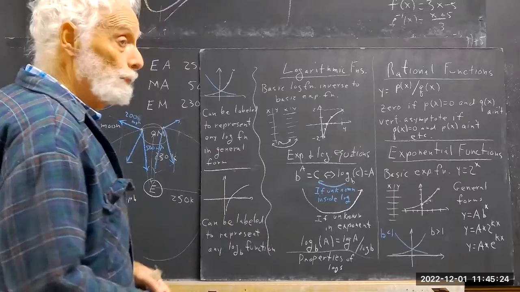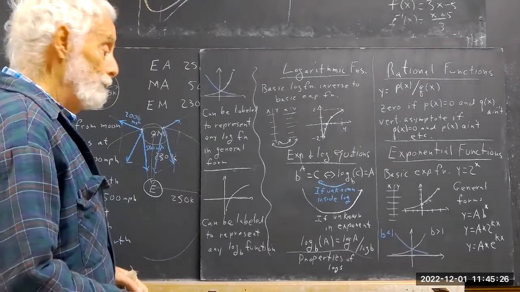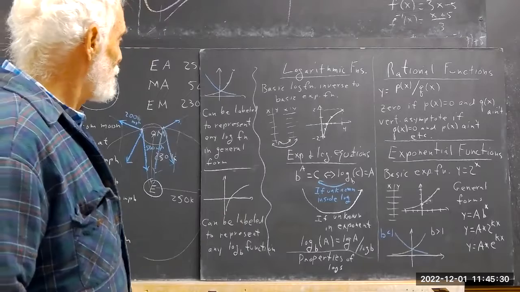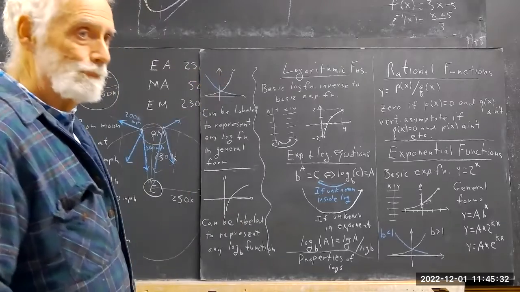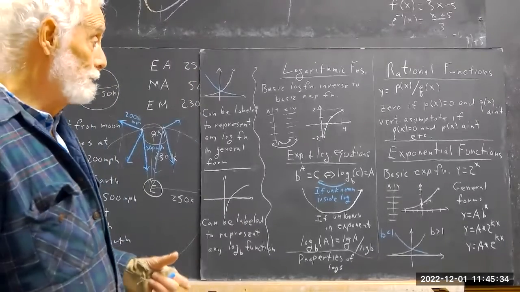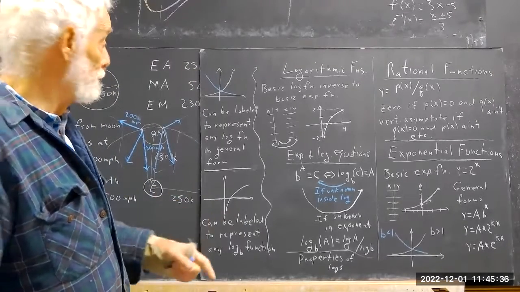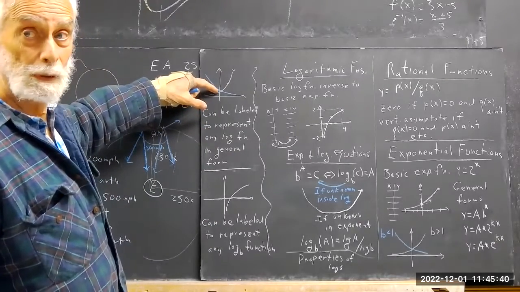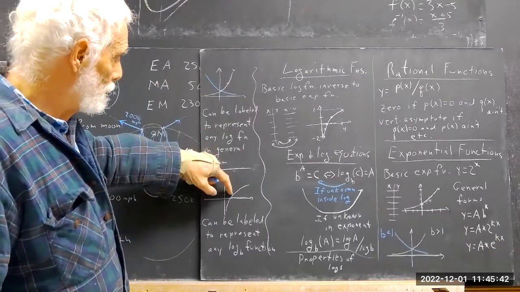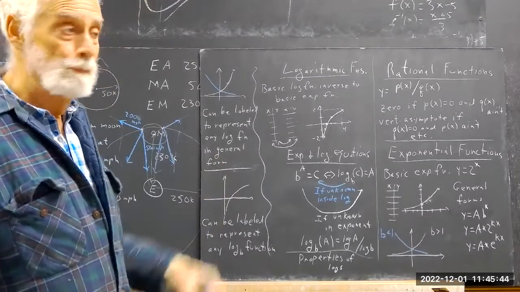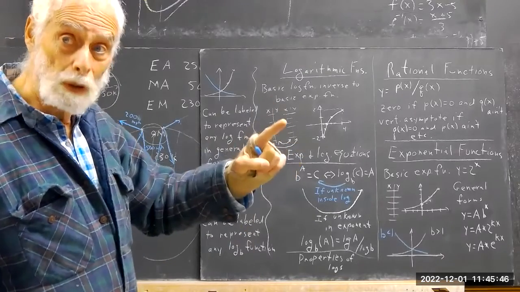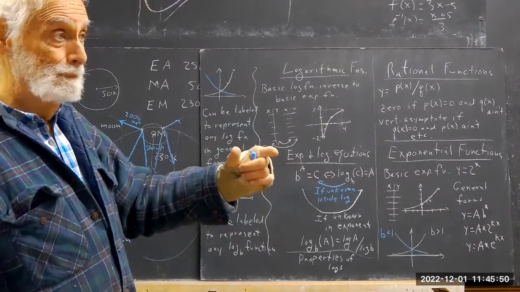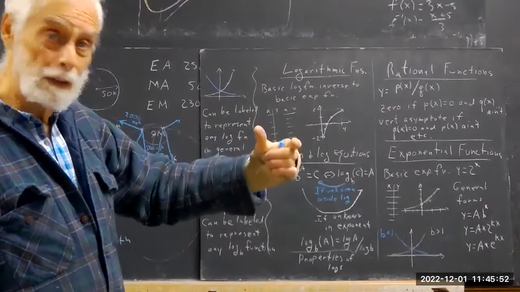If this is log base b of x, then this point is always going to be (1, 0), because on any basic exponential function, any b to the x function, (0, 1) is a point. b to the x is always equal to 1 if x is equal to 0, because the zero power of any number is 1.